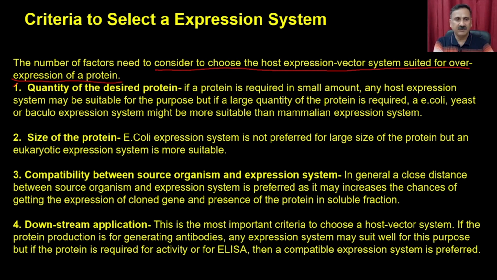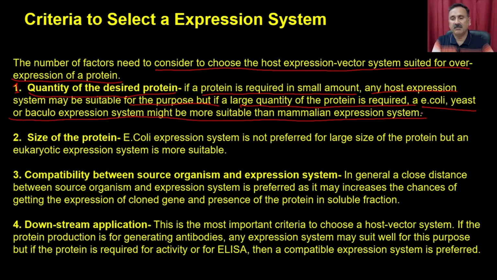The first factor is the quantity of the desired protein. If the protein is required in a small quantity, any host expression system can be suitable for the purpose. If a large quantity of protein is required, E. coli or yeast or baculo expression system might be more suitable than the mammalian expression system, because the mammalian expression system is going to give you a very small amount of protein.